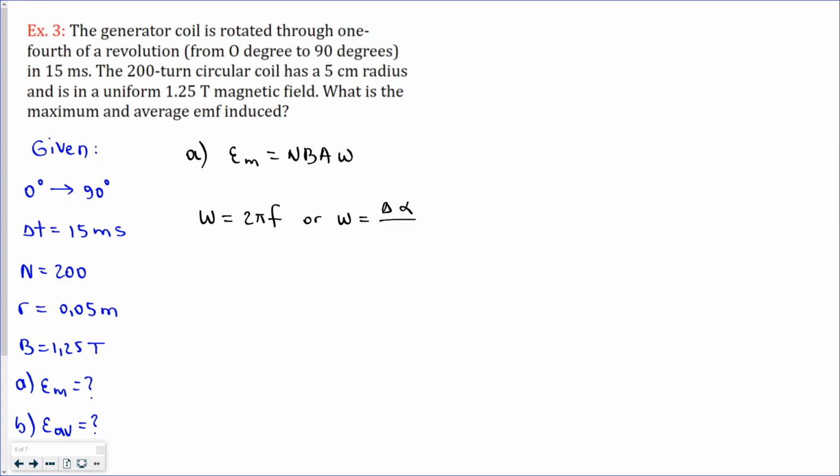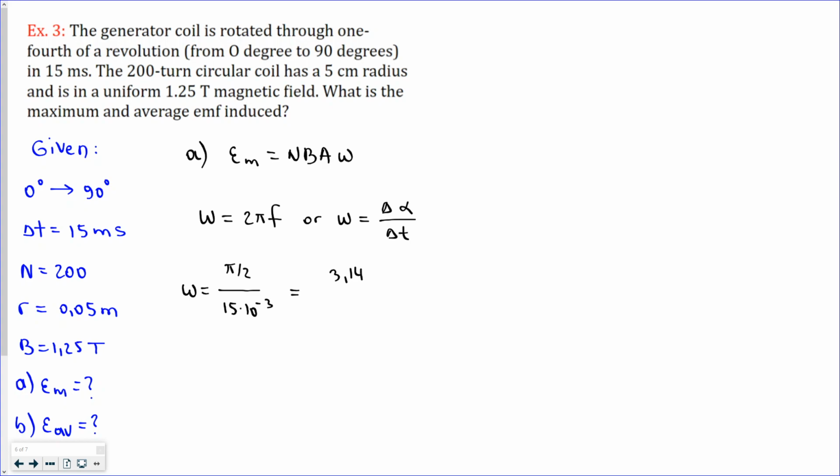So we know the angular speed is the change in angle divided by the change in time. The angle changes from 0 to 90 degrees, so the change in angle is pi over 2, and the time is 15 times 10 to the minus 3. Here pi must be in radians because the unit for angular speed is radians per second.